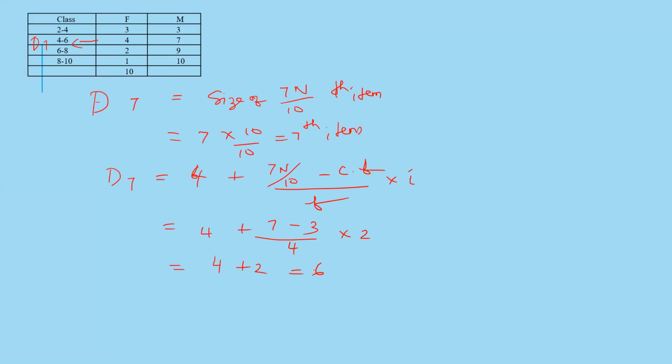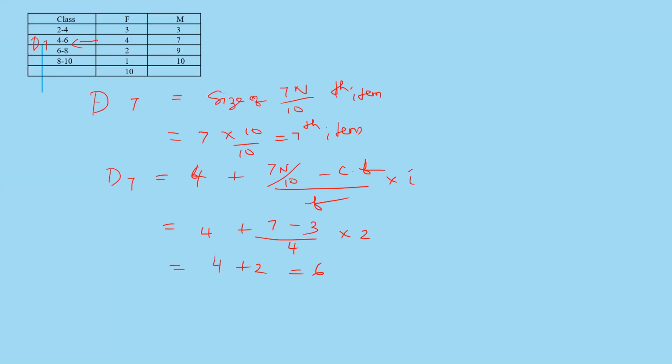Now let's quickly finish the next calculation, which is the percentile. We have been asked to calculate P20. Same thing: size of 20 into n by 100th item, since it is a percentile.